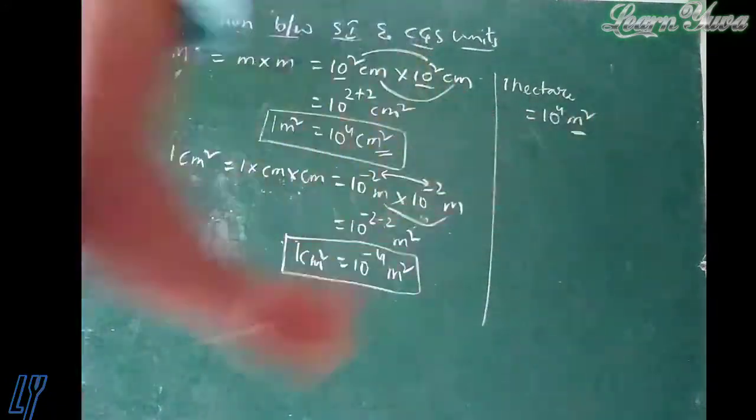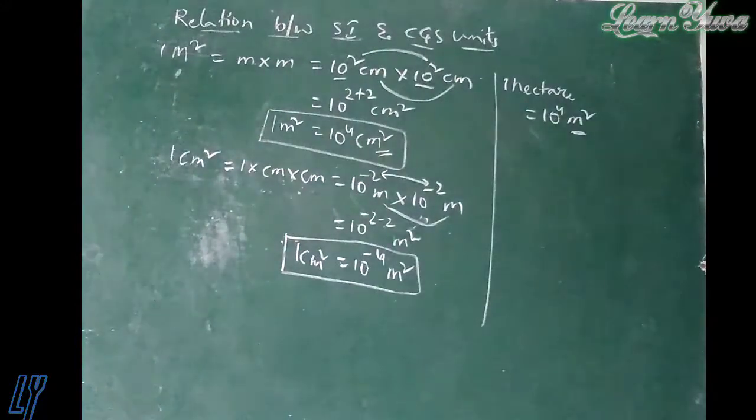Important one. 1 hectare is equal to 10 power 4 meter square. Right? So in this way we can convert any units in area.